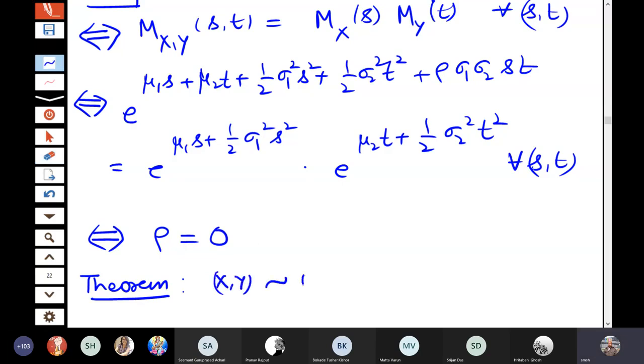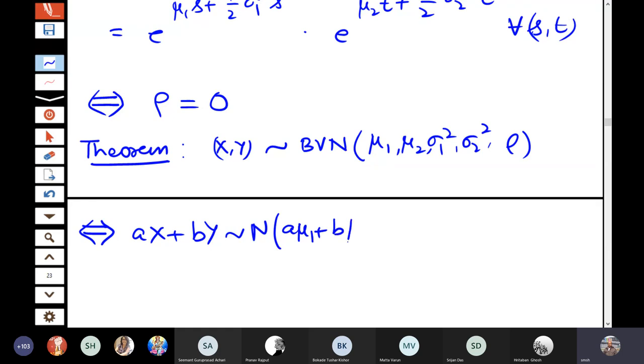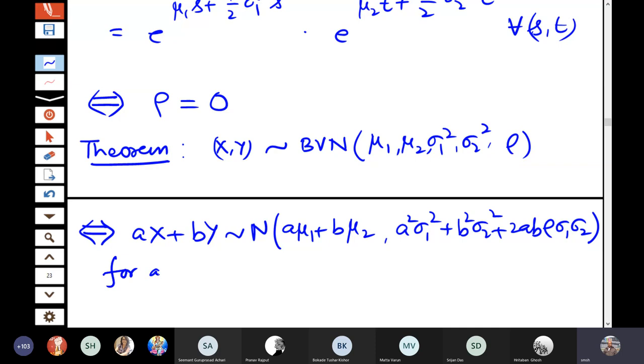X, y follow bivariate normal distribution with parameters mu1, mu2, sigma 1 square, sigma 2 square, rho if and only if ax plus by follows normal a mu1 plus b mu2, a square sigma 1 square plus b square sigma 2 square plus twice ab rho sigma 1 sigma 2 for all real a and b.